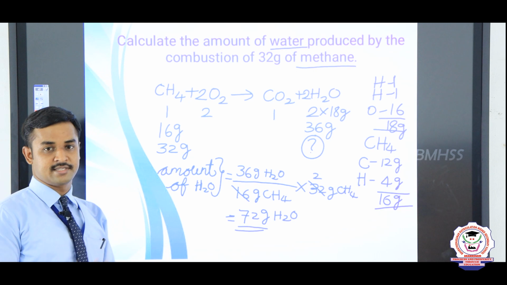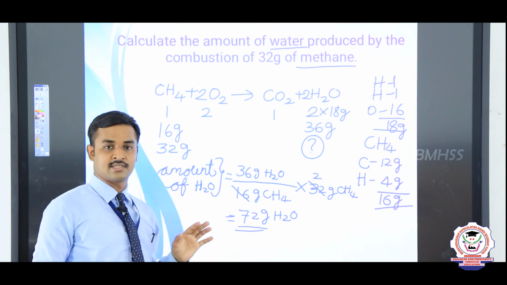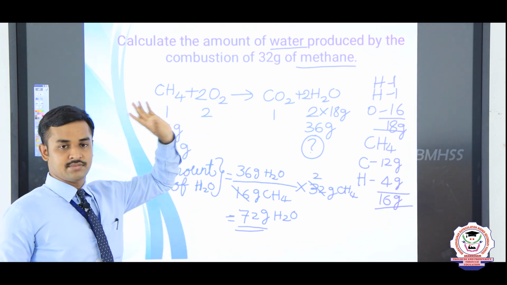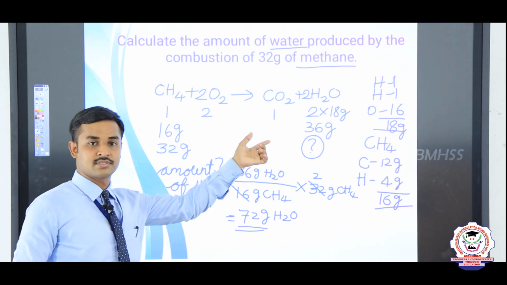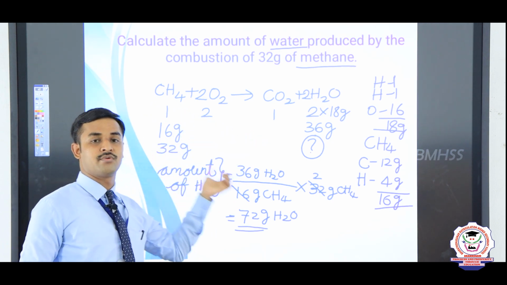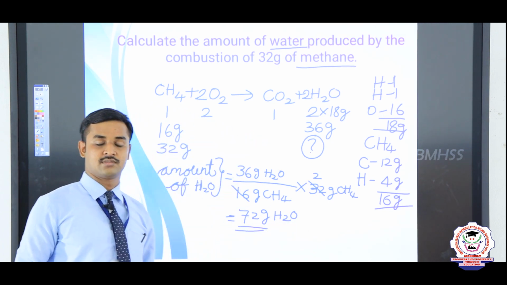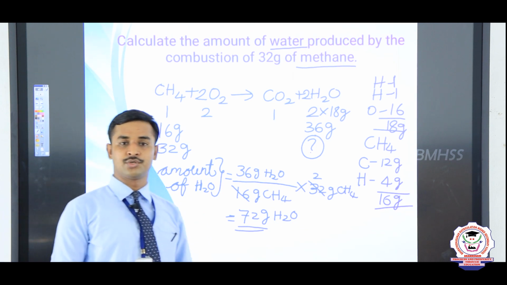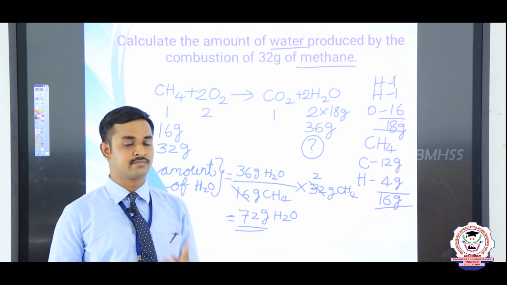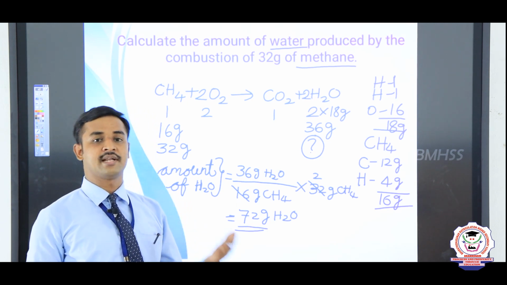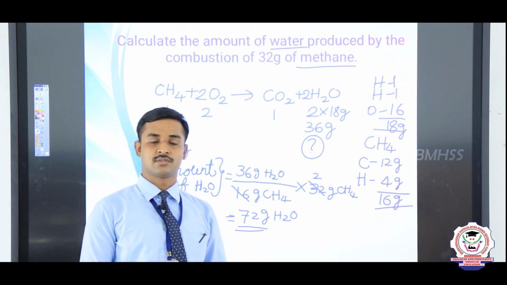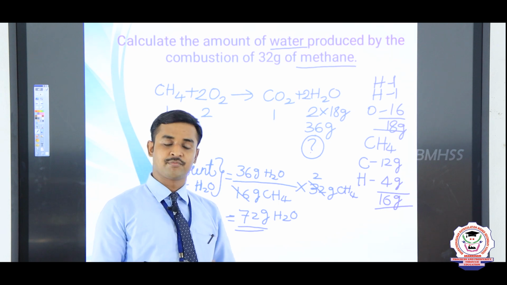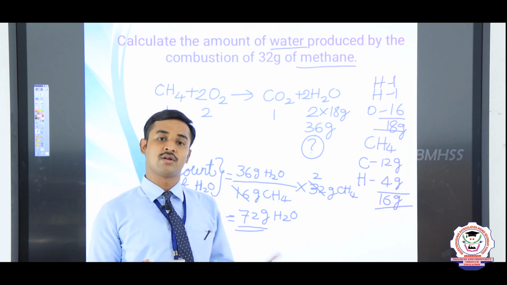It is a simple calculation. By stoichiometric calculation, after balancing the equation, we can find the number of moles and the amount of the substance. This is the calculation method. Stoichiometric calculation includes finding moles, volumes and number of molecules. So, students, by this we can understand the mole concept.